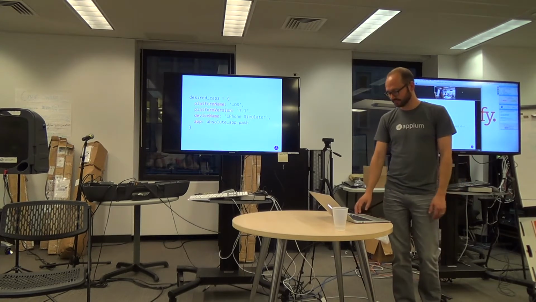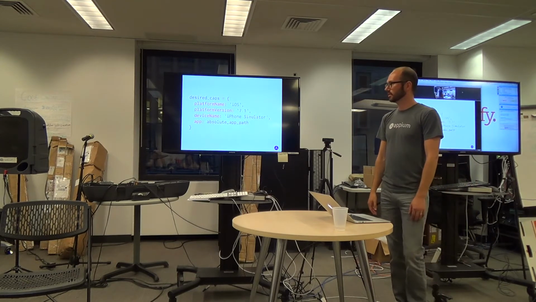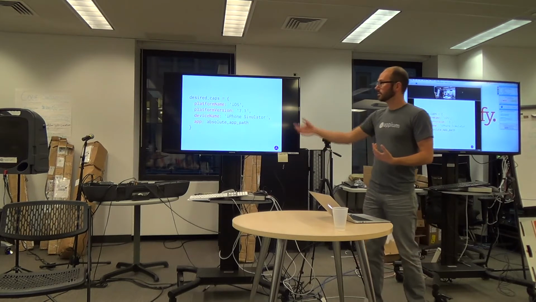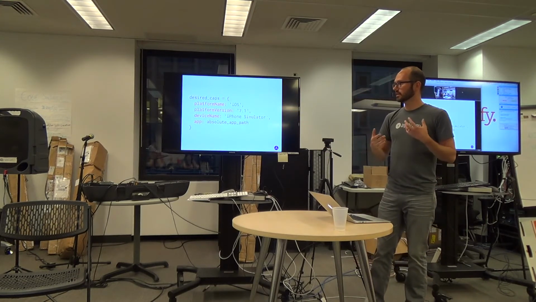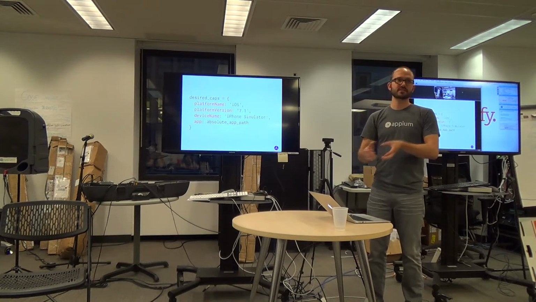Okay, so here's the new desired capability structure that I was talking about. We used to have things like device and version, but now we have platform name, platform version, and device name to honor the reality that we have mobile operating systems and mobile devices, and they're distinct. An iPhone isn't just an iPhone.